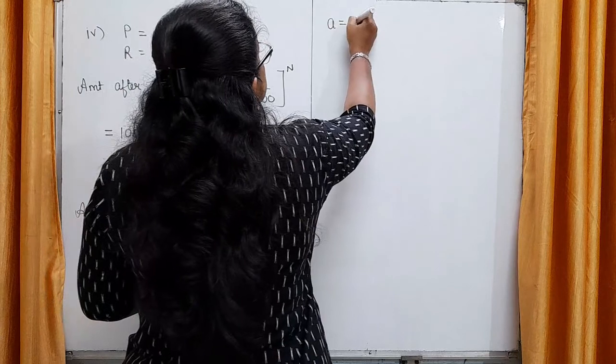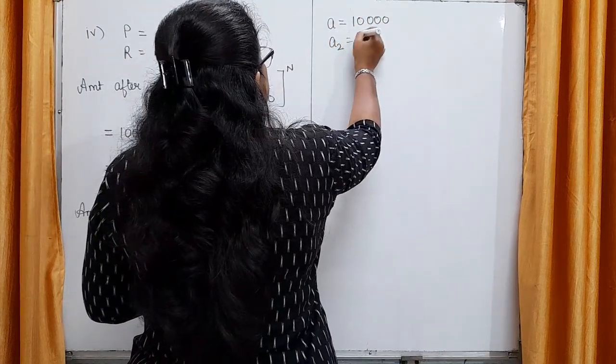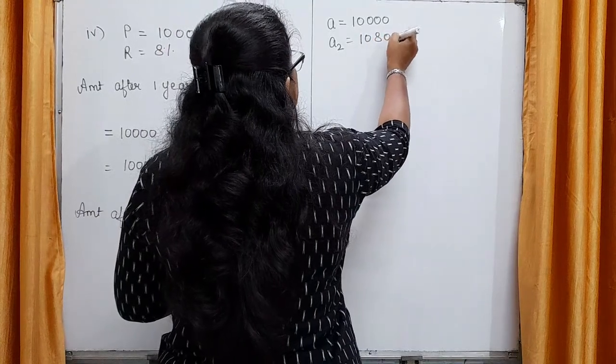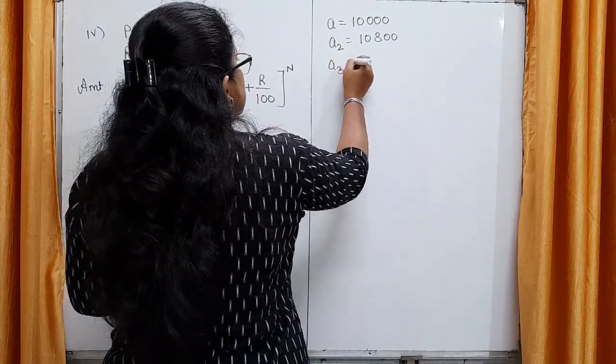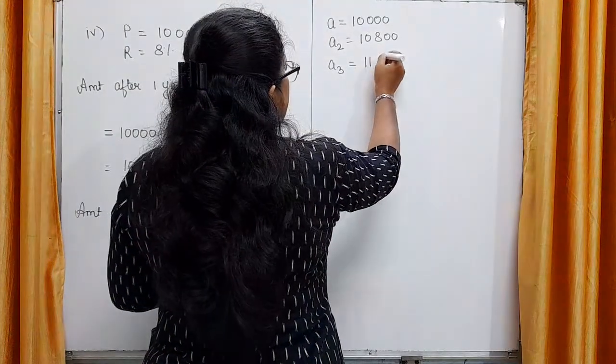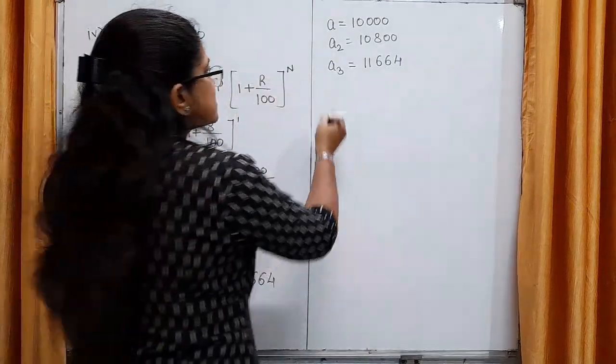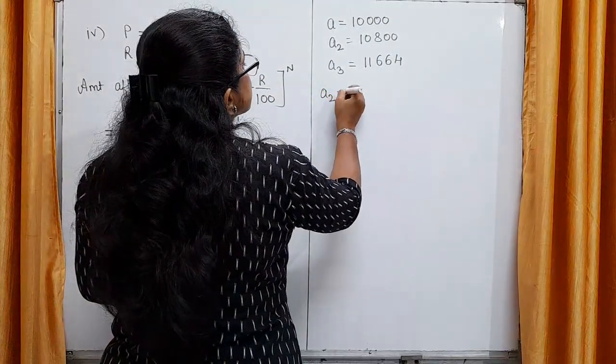Now our first term is 10,000. Second term is 10,800. Third term is 11,664. Let us find what is the common difference in both the cases. Difference in these terms.